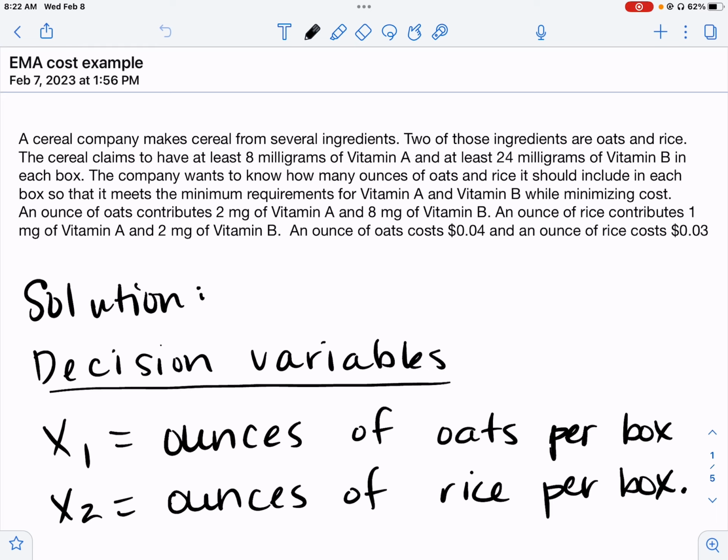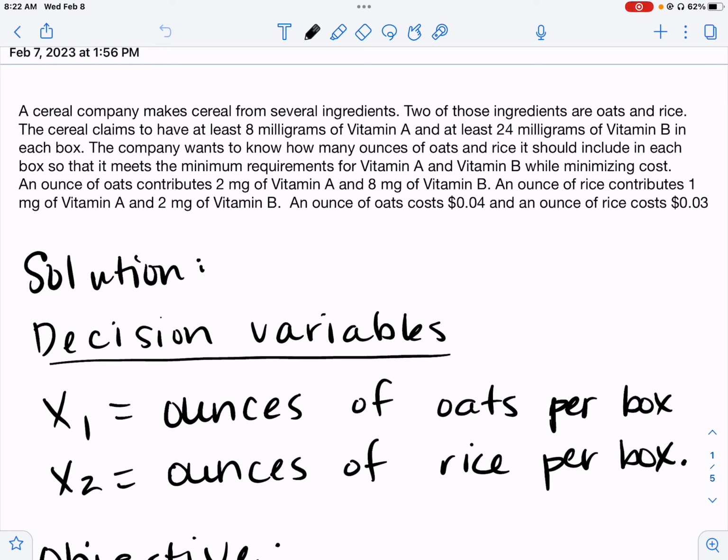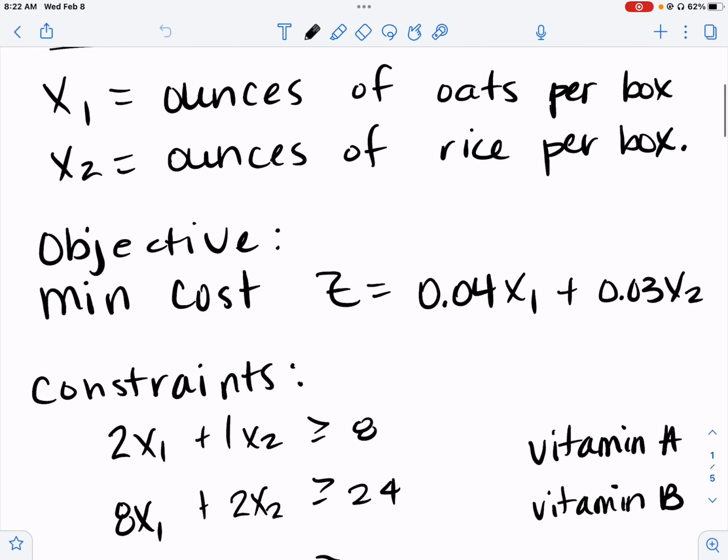So our solution, first we set up our decision variables. Our phrase, how many ounces of oats and rice, is the key to our decision variables. So x1 and x2 are the ounces of oats and ounces of rice per box. Our objective is to minimize the cost.